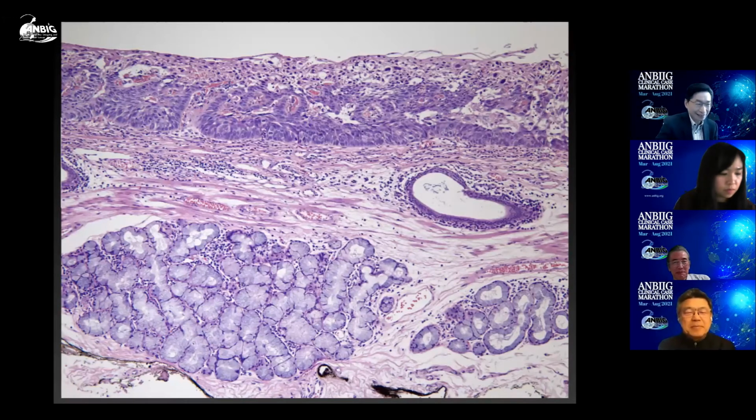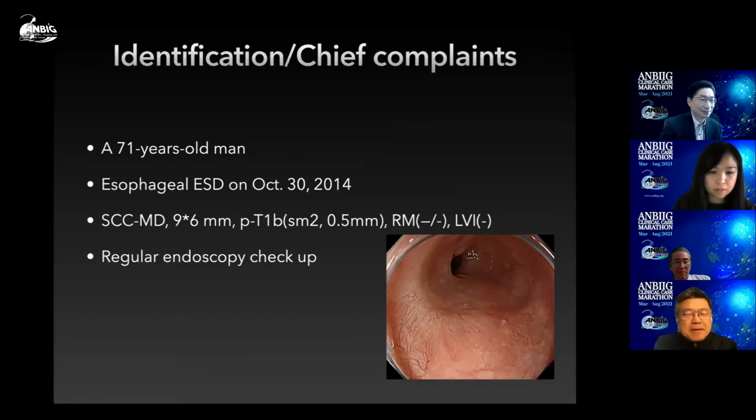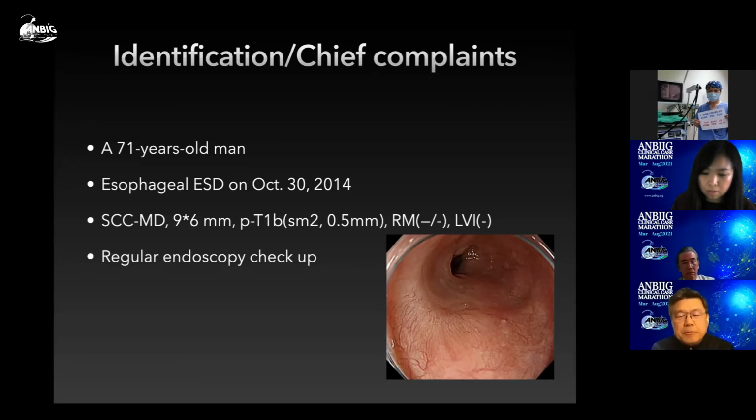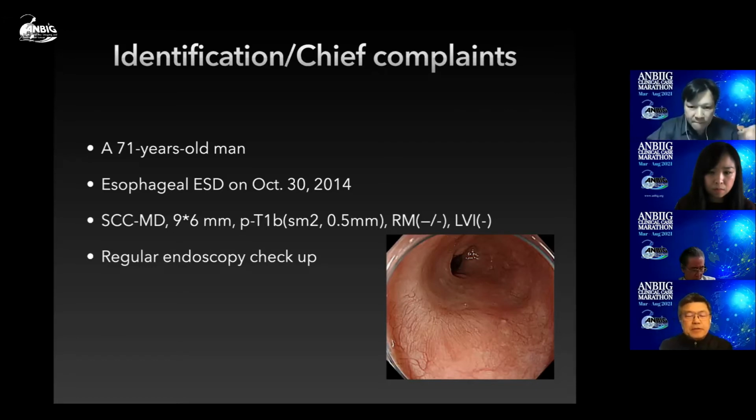The next case is a 71-year-old man. He already received esophageal ESD in October 2014. At that time, it was an almost 1 centimeter tumor, squamous cell carcinoma, moderately differentiated, and the depth of invasion was SM2, 0.5 millimeter from the lower margin of the muscularis mucosae, but no involvement of resection margins and no lymphovascular invasion.